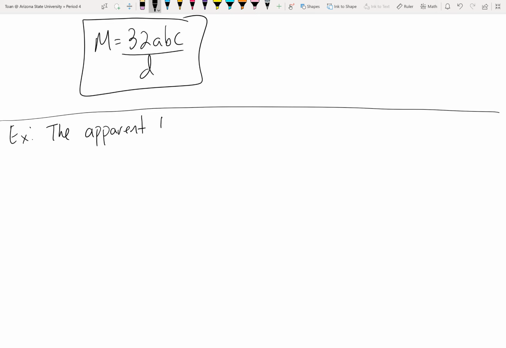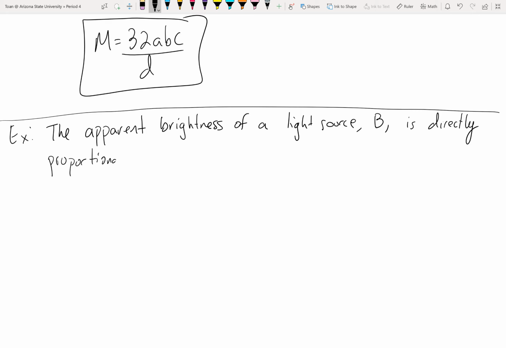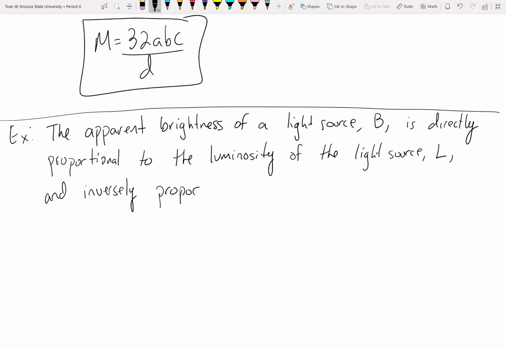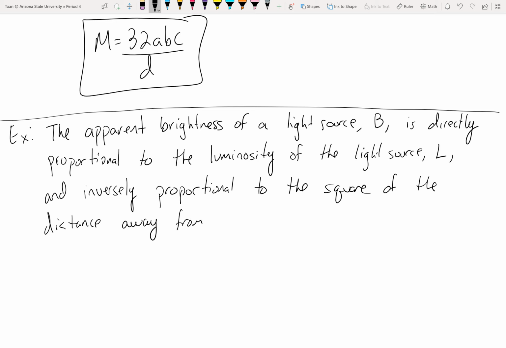The apparent brightness of a light source, and the problem says the variable we use is capital B, is directly proportional to the luminosity of the light source, which we'll use a capital L for the variable, and inversely proportional to the square of the distance away from the light source.